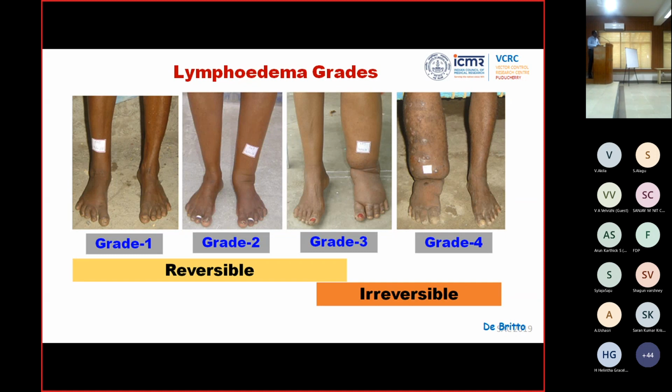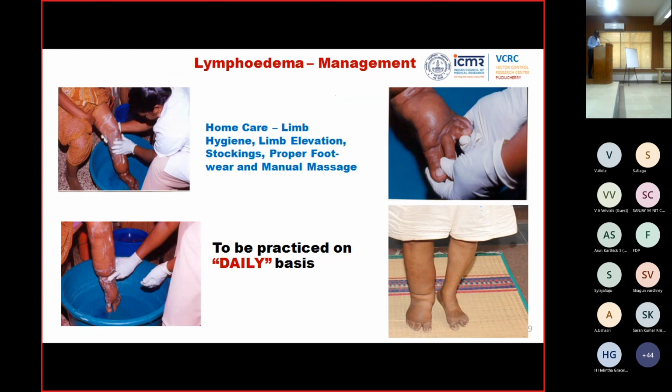And the other unfortunate part of the problem is that even in stage 4, unless the patient reaches a particular size and there is a certain amount of fibrosis, we will not be able to go for surgical procedures. So the patient has to suffer for a long time with that swelling in stage 4. Next slide, please.